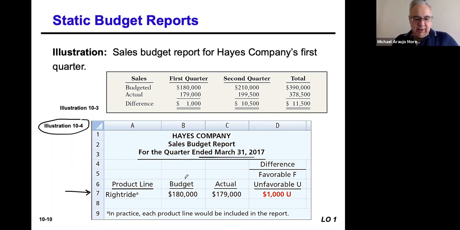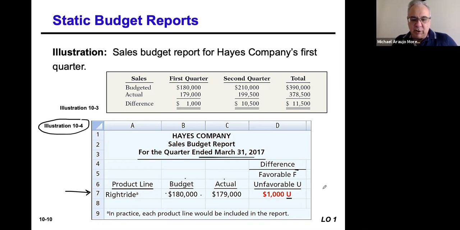We budgeted 180,000 in sales. We had 179,000. The difference is either going to be reported favorably, which is better than expected, or unfavorably, which is worse than expected. So here, this is $1,000 worse than expected. Remember, we expected 180, we had 179.